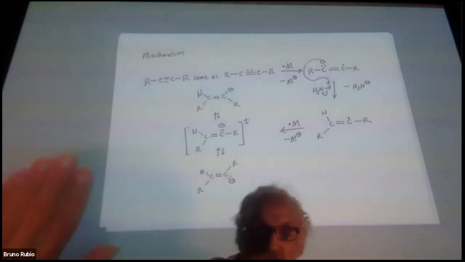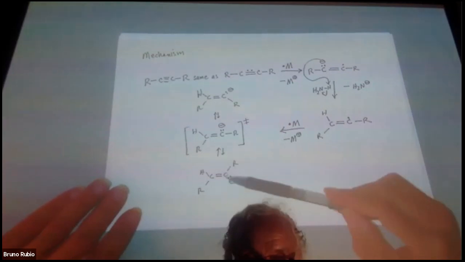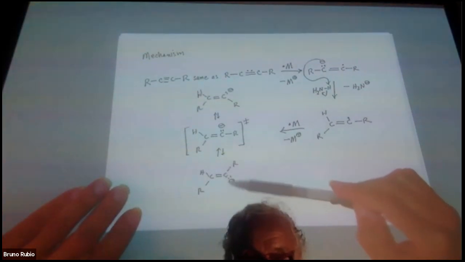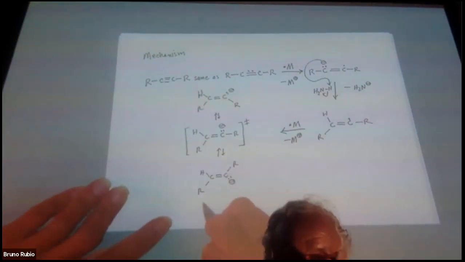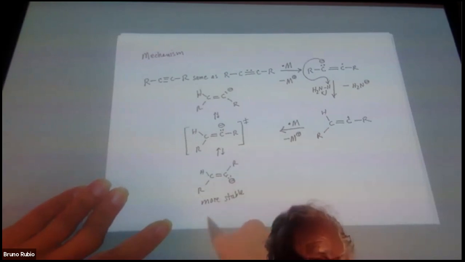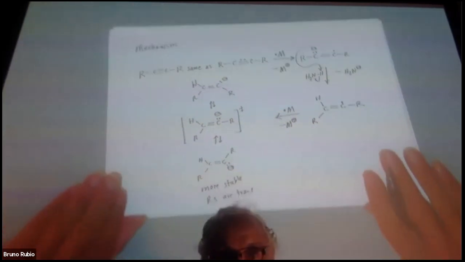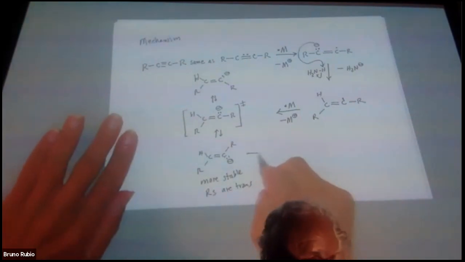So that R is flipping back and forth, back and forth. So if we consider these two guys, we see, oh, this one is more stable. There's more of it. Why? Because the R groups are trans and they're out of each other's way. So that's what predominates in the reaction mixture.